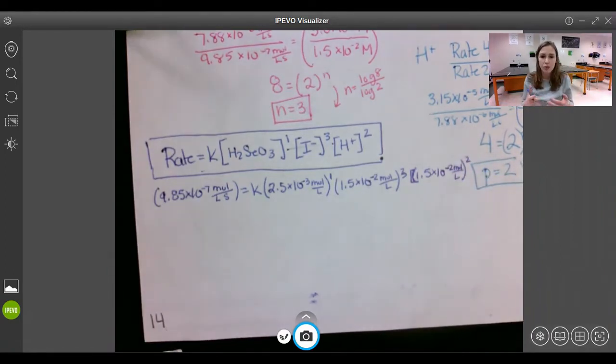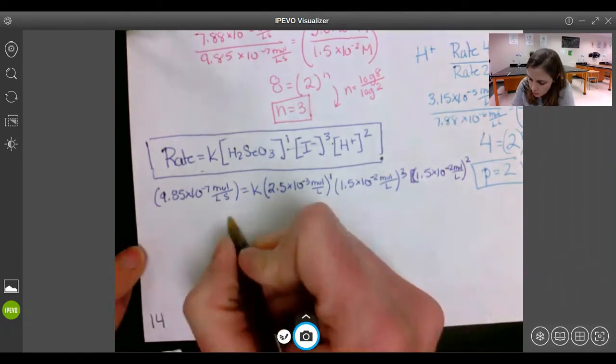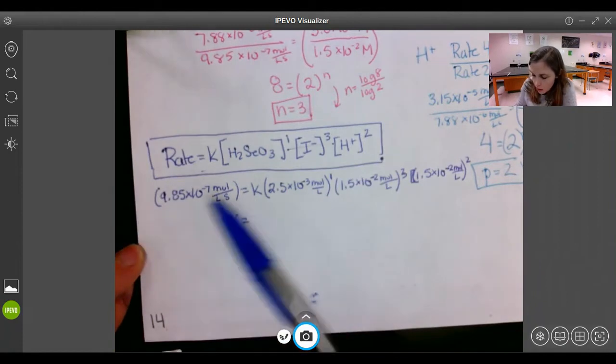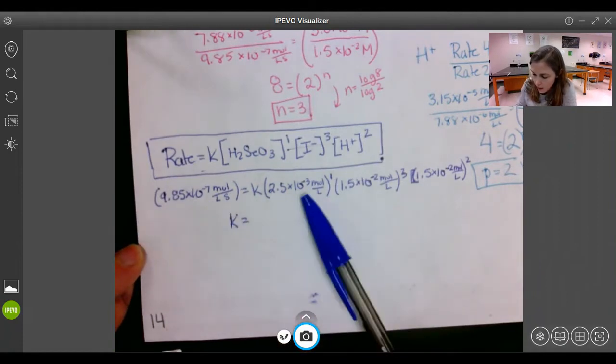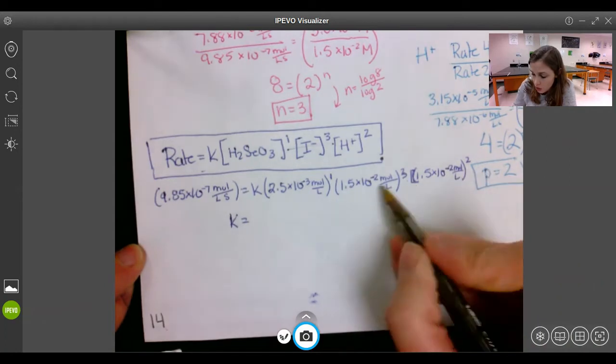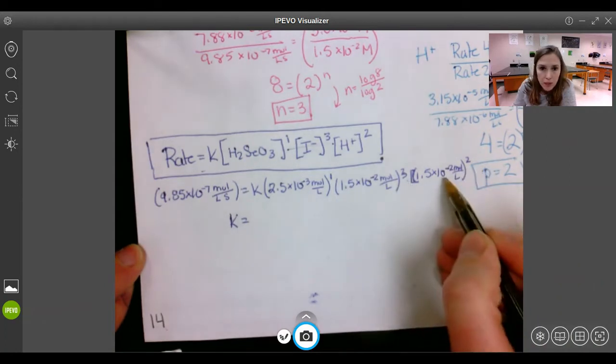Okay, and then it's just a matter of really carefully plugging in the values in your calculator. So once you actually plug in the values, so you take your 9.85 times 10 to the negative 7th, divide it by these values, making sure you cube and square them appropriately.